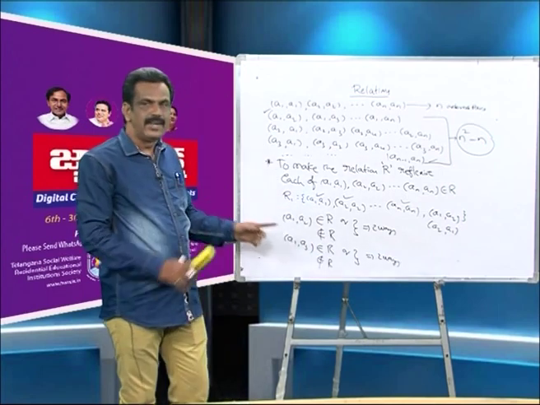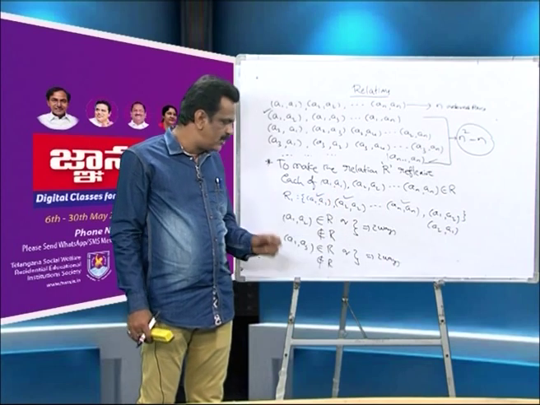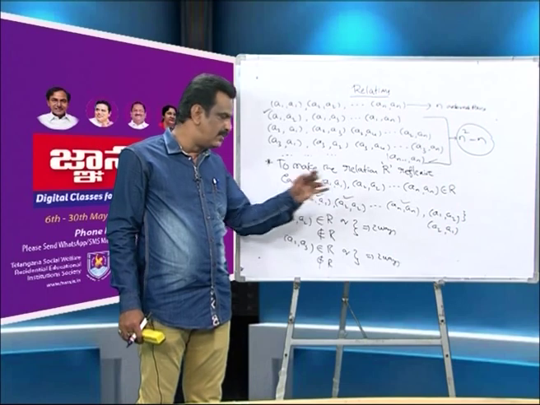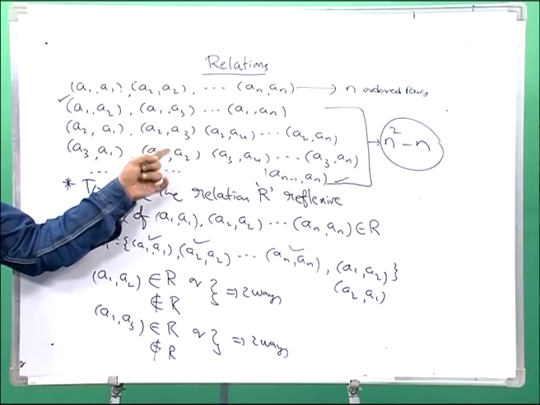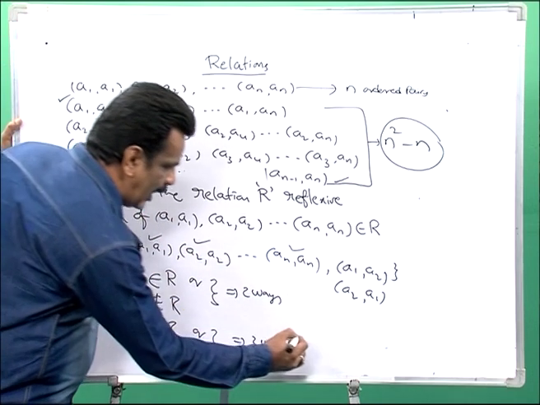If you consider A1 comma A3 in the relation, it becomes reflexive. If you do not consider A1 comma A3 in the relation, even then the relation becomes reflexive. Hence A1 A3 may be included in R or it may not be included in R, and so on.